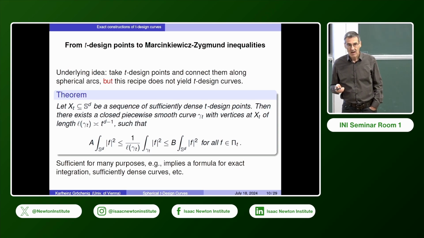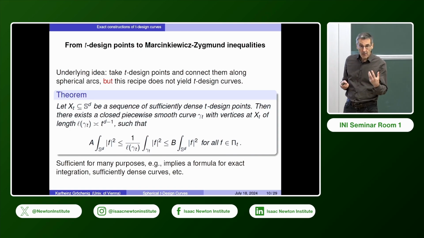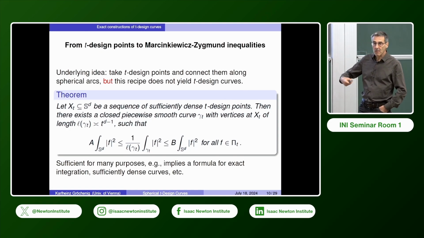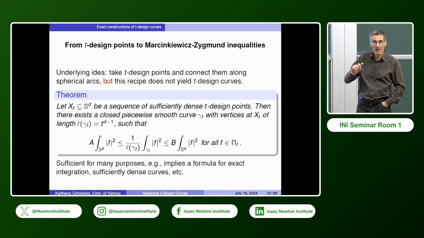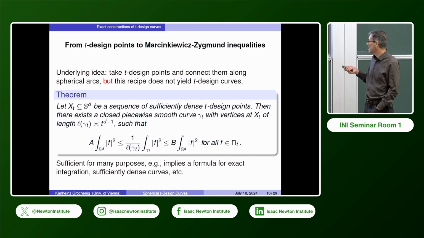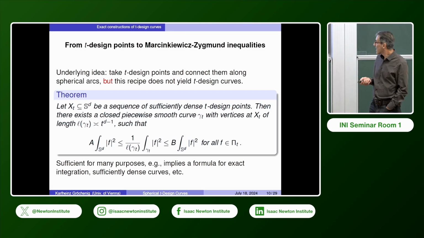So by connecting t-design points along arcs, you don't get exact quadrature, but you get Marcinkiewicz-Zygmund inequalities along curves. So you get something, but not exact quadrature. So that's, I would say, sufficient for many purposes except quadrature.